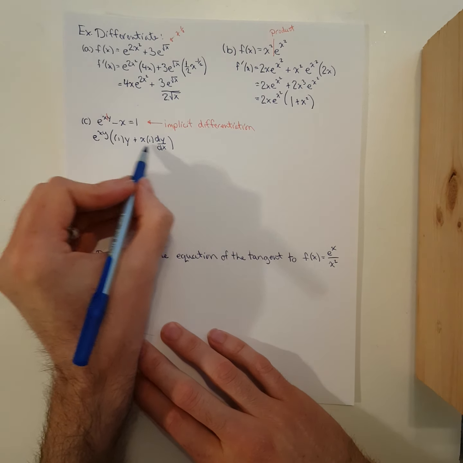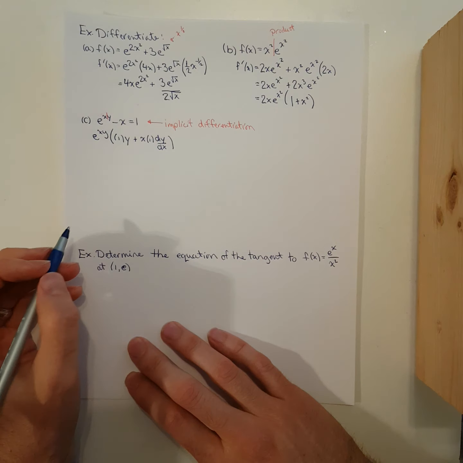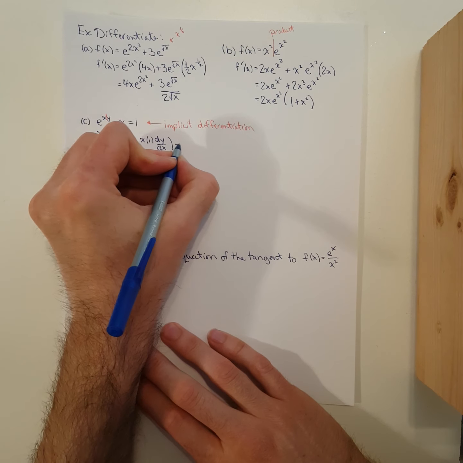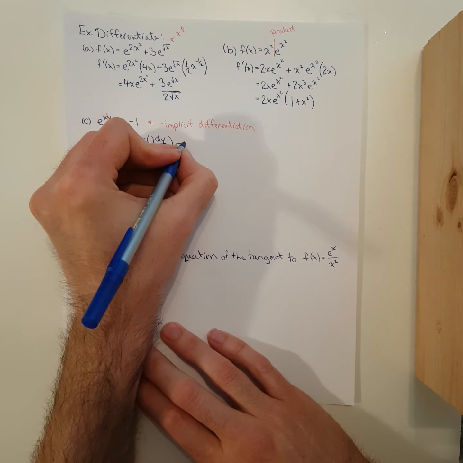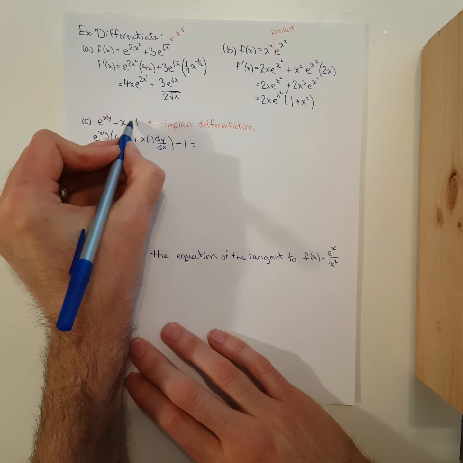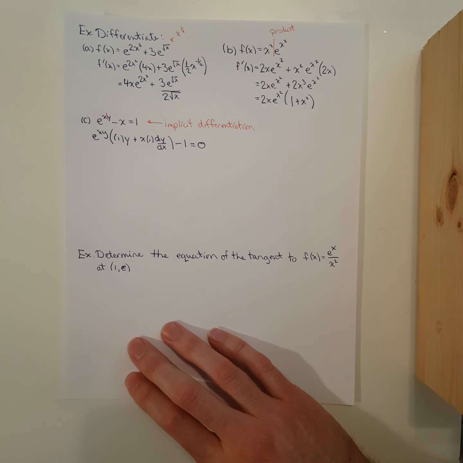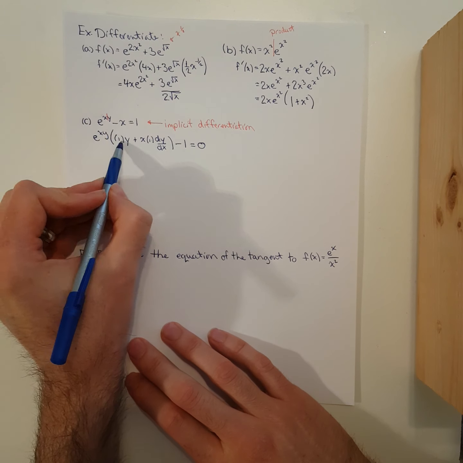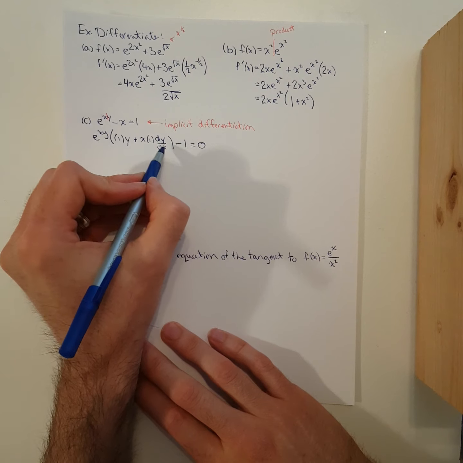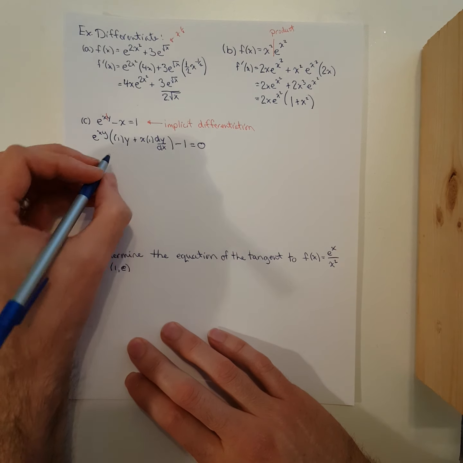So there is the derivative then of just that first term. From there, moving on term by term, minus the derivative of x is 1, equals the derivative of 1, which is 0. If we expand this into the brackets, my goal here in the end is to try and isolate the dy by dx.